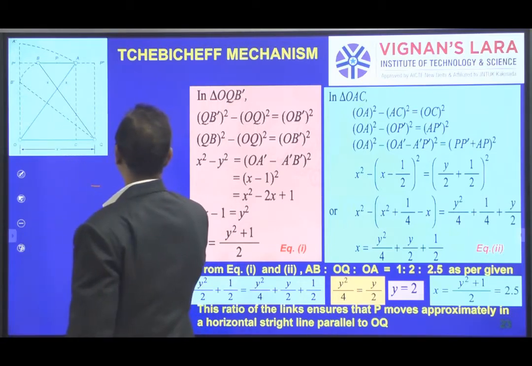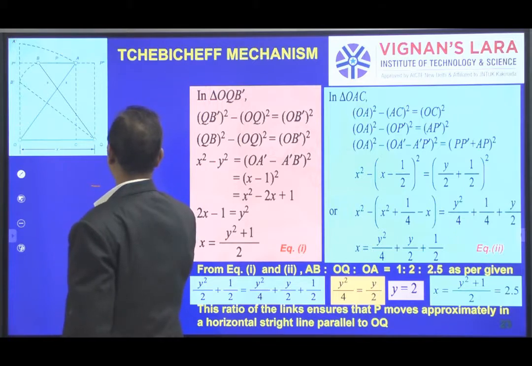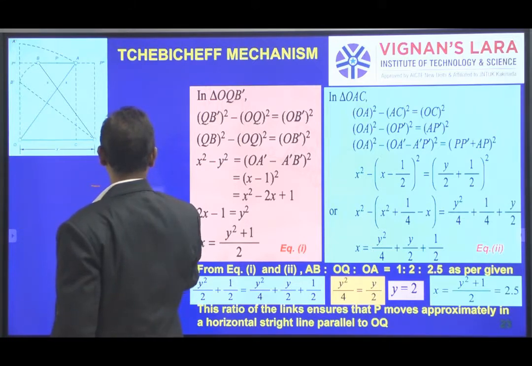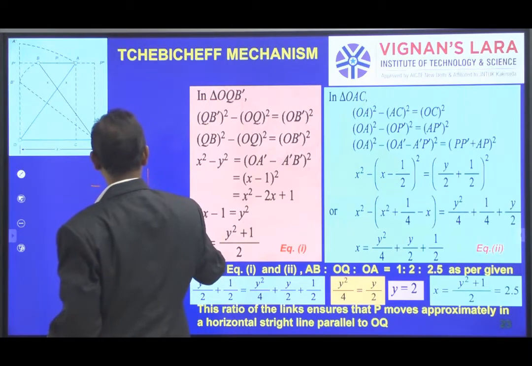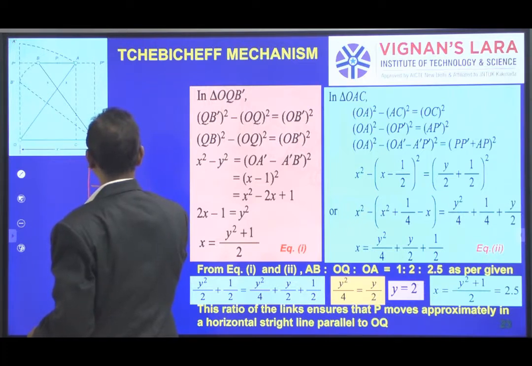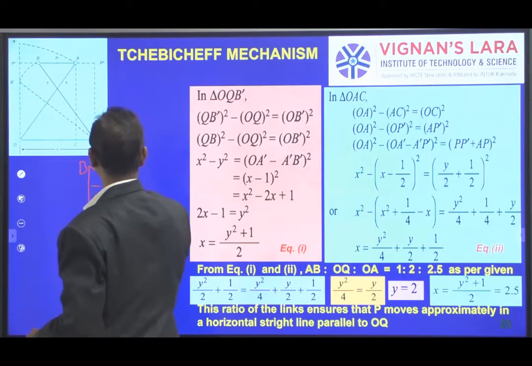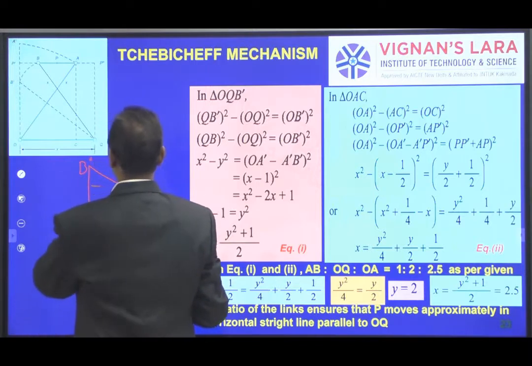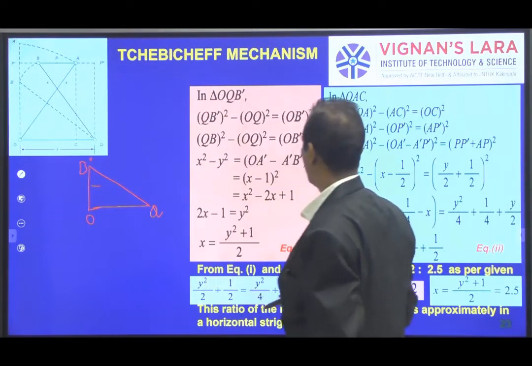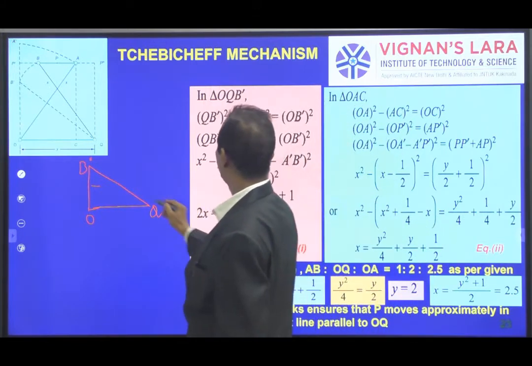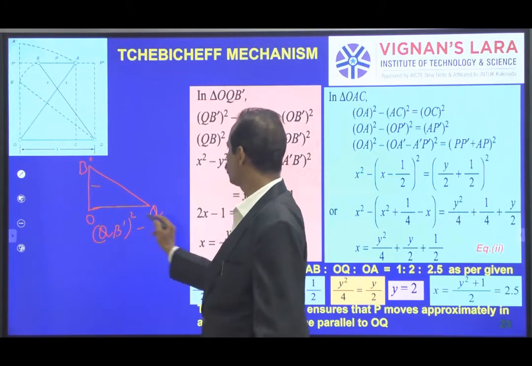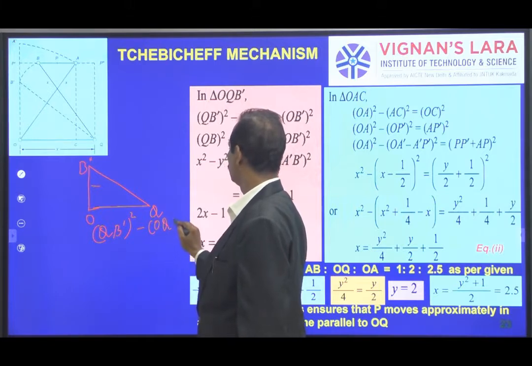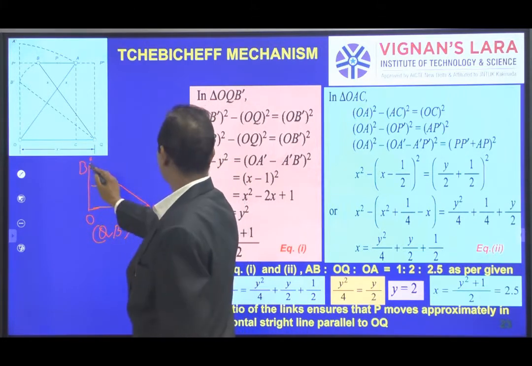So this is OQB dash. In this OQB dash, this is QB dash square minus OQ square, that gives OB dash square.